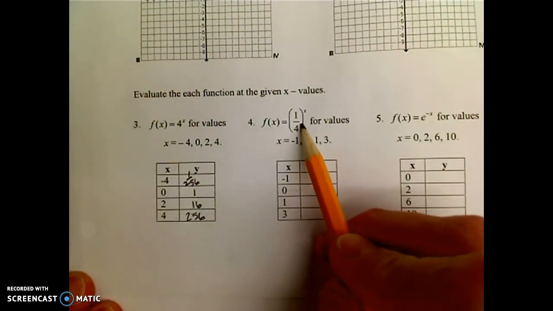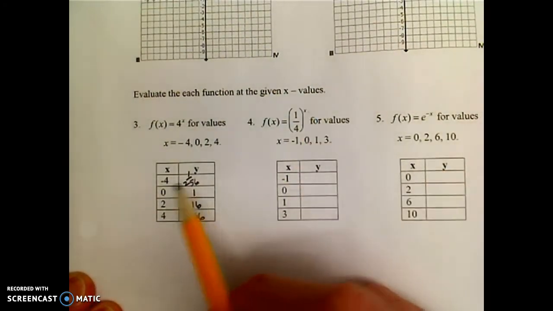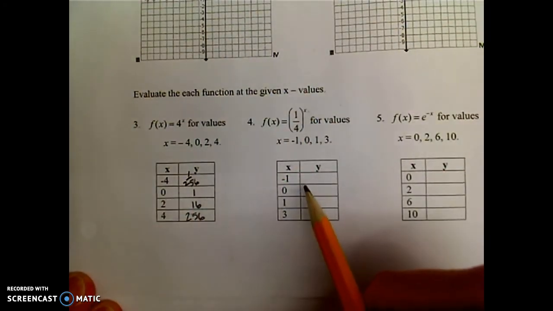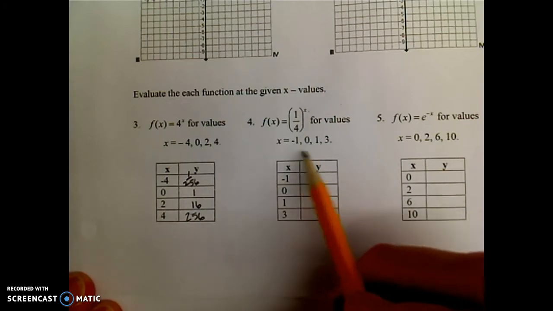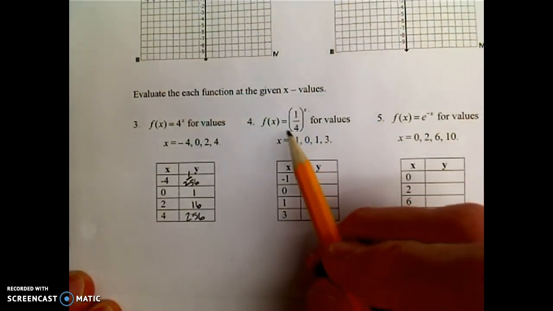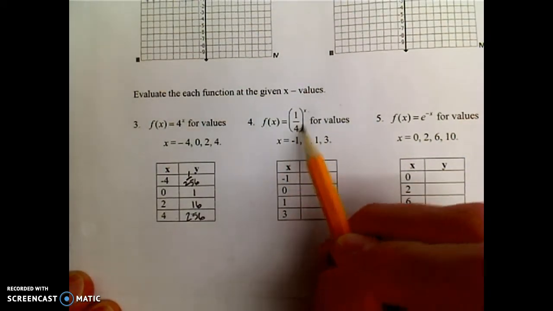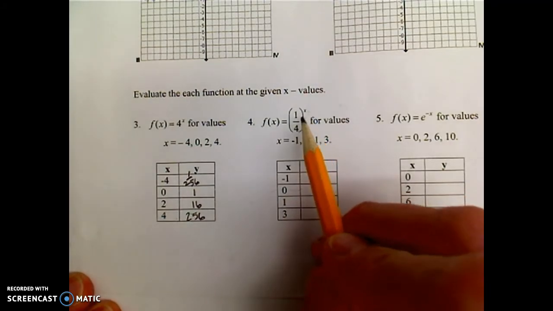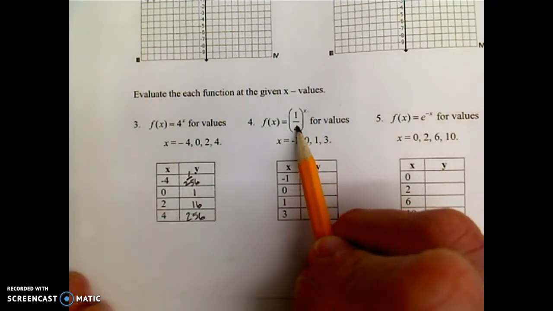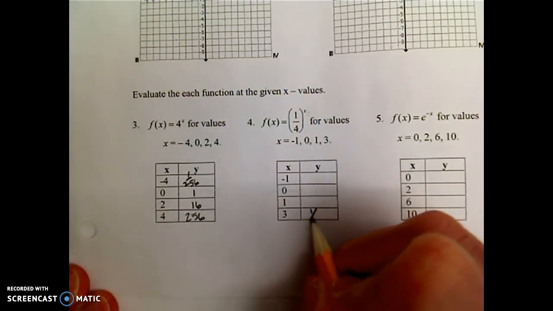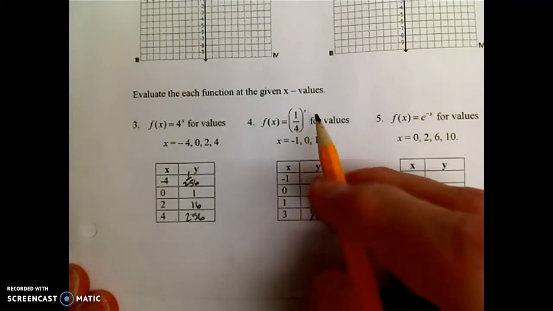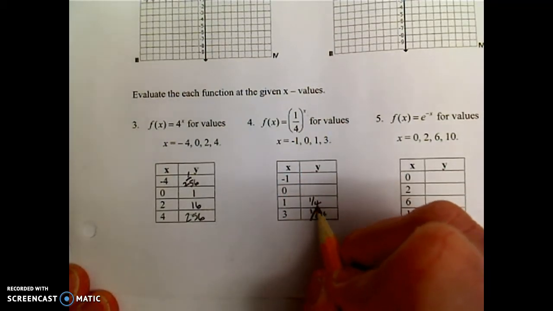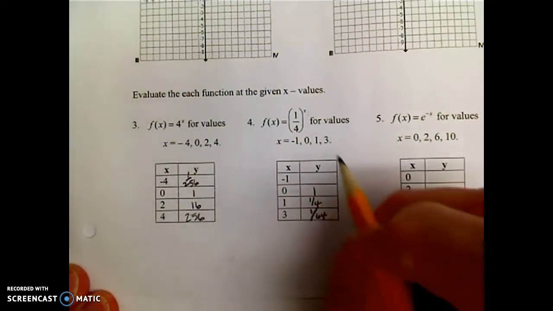What about when we take 1/4 to the x? Looking at this, what do you think should happen here? Now we're using different input values here, but 1/4 to the 3rd power, that's 1 over 4 to the 3rd, that's 1 over 64. If I put 1/4 to the 1st power, that's 1/4. 1/4 to the 0 is 1.